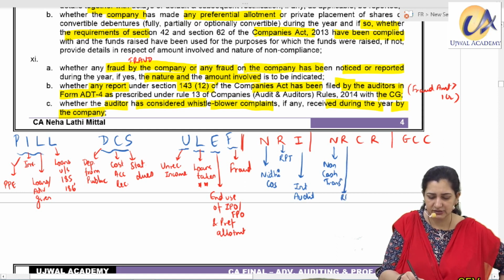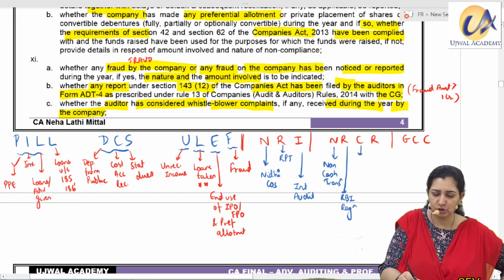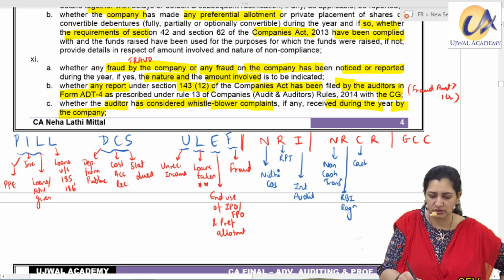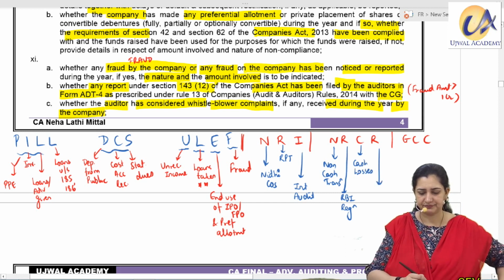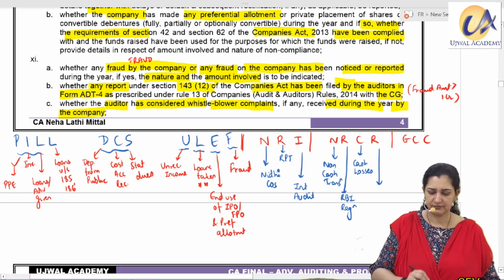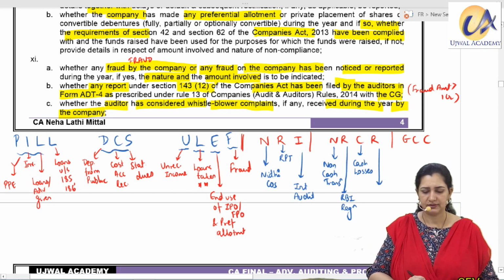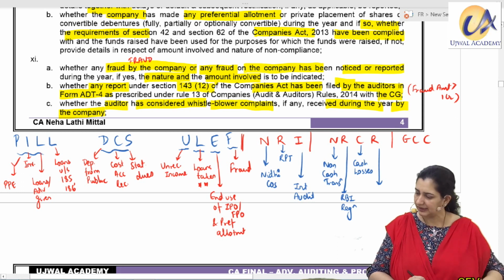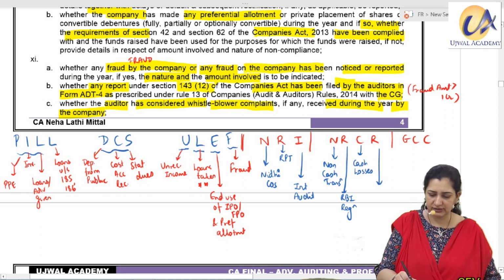Our RBI registration for NBFCs. C we had got was right now cash losses. Cash losses we have, and then we had got this resignation of our auditors.